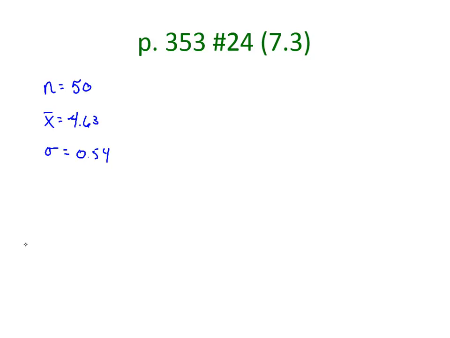If I asked you, what is the average red blood cell count, from the information we have, what would you guess it to be? Why would you go with 4.63 as being the mean for the entire population?